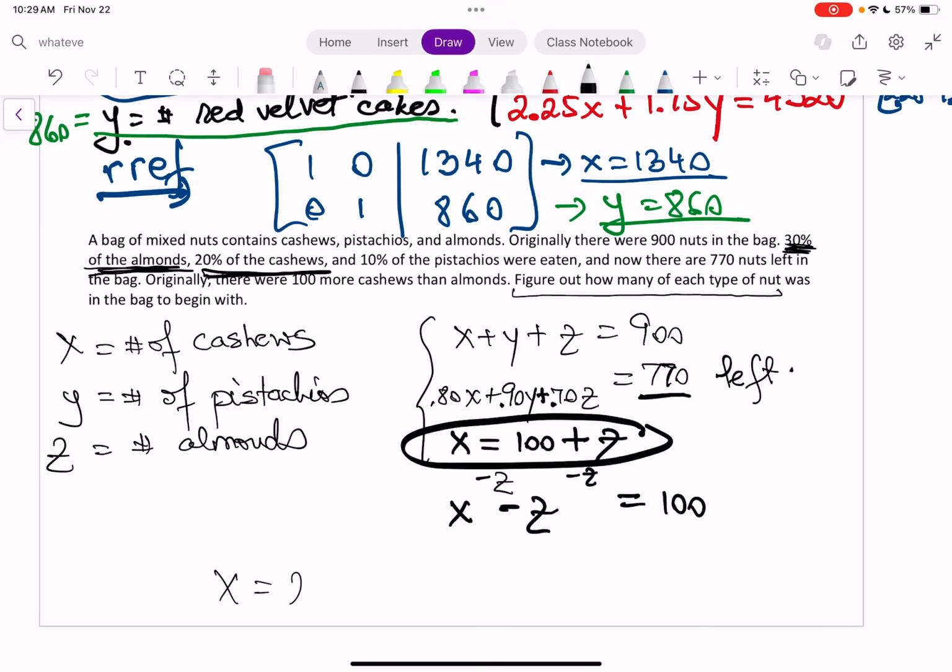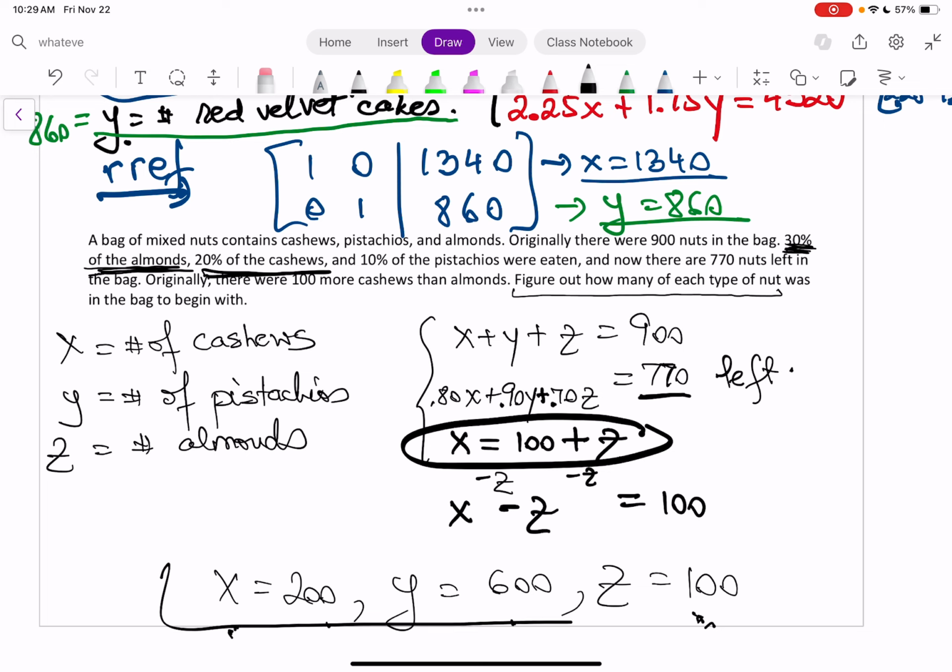X is 200, Y is 600, Z is 100. So if you add them up, you'll get 900. As you see, X is 100 more than Z. So again, these are easy equations to verify. And so at least the calculator takes a lot off of our hands.